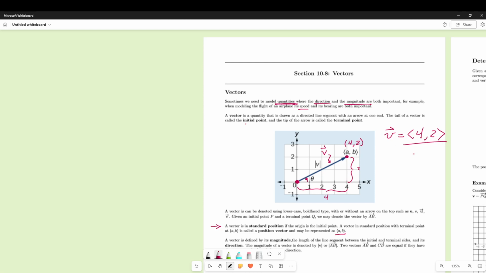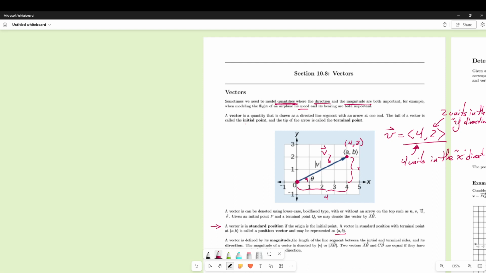But the big thing to express is that this is a vector that goes 4 units in the x direction and 2 units in the y direction.